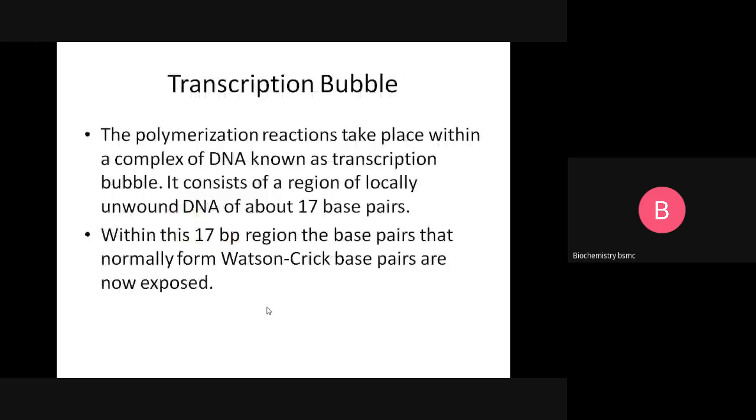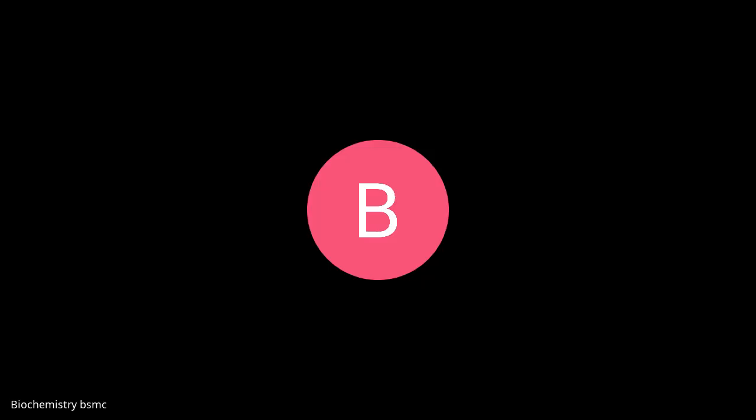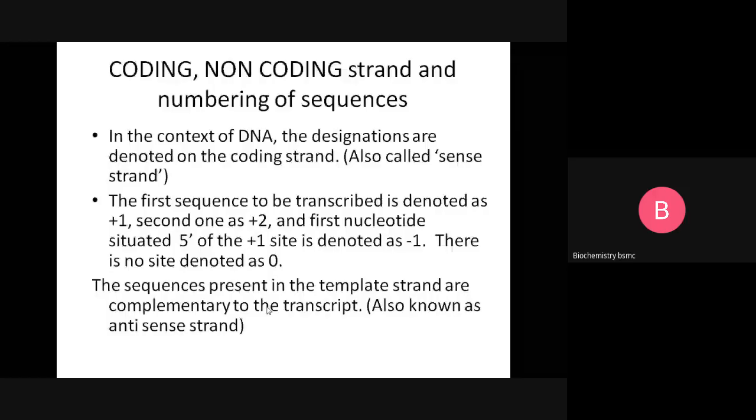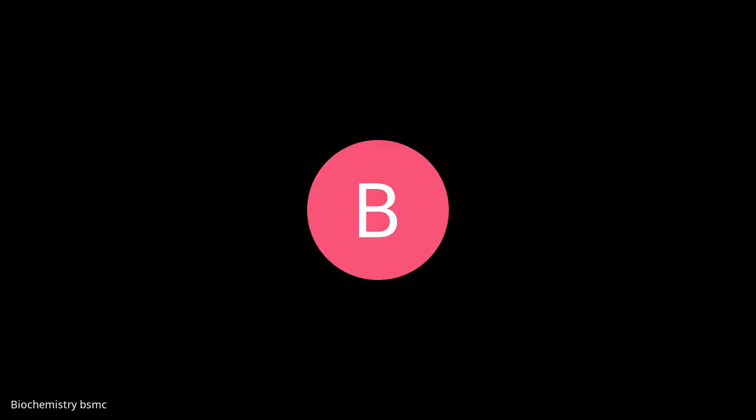Next, what is known as the transcription bubble. In this slide of this lecture, designations are denoted on the coding strand. So always it is the coding strand where we read the sequences, and that is why it is called the sense strand.